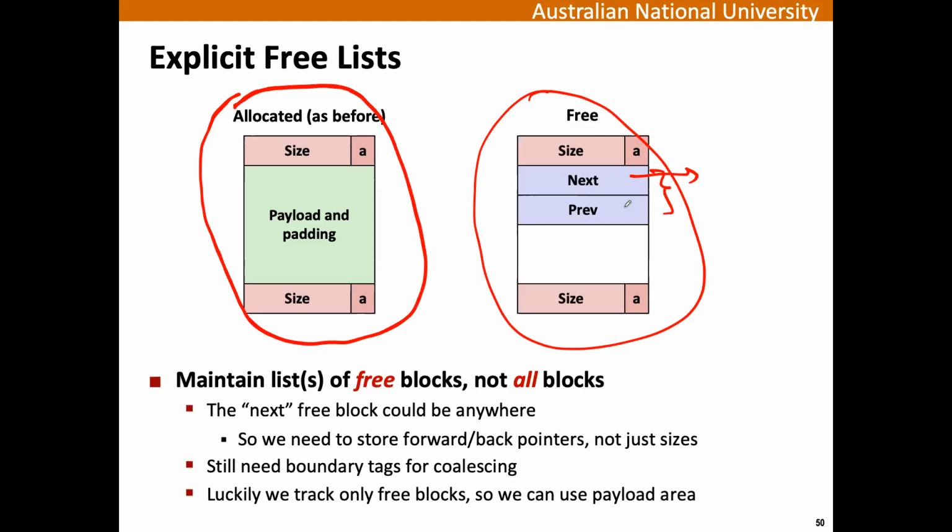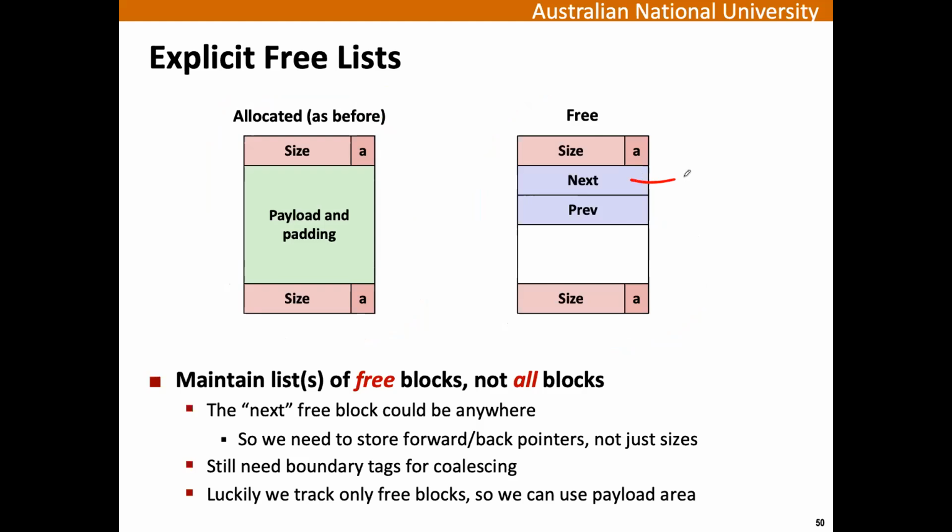And that's why we had this problem that the search time was linear in the total number of blocks and not the total number of free blocks. So now by connecting the free blocks together using explicit next and previous pointers, we are going to solve this problem. Now, every time there's a request to allocate a block, we will traverse only the free blocks because all the free blocks are connected by the next and previous pointers. It's a linked list. In fact, it's a doubly linked list.